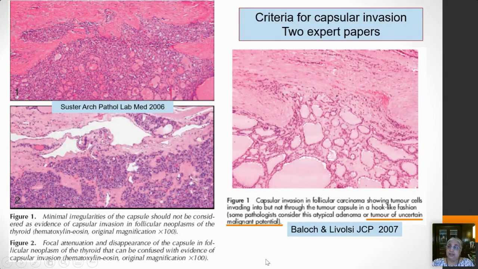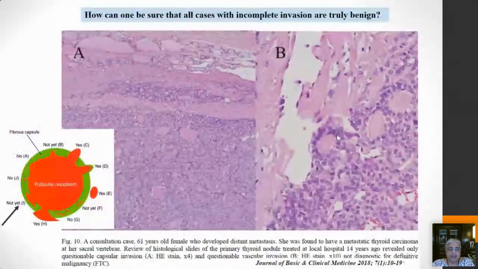And then in brackets, you see what they say: some pathologists, and I guess maybe they mean people like Dr. Suster, consider this an atypical adenoma or a tumor of uncertain malignant potential. Which means that Virginia Livolsi and Baloch do actually think that this is invasion of the capsule. So this is an issue that has not been sorted out yet.